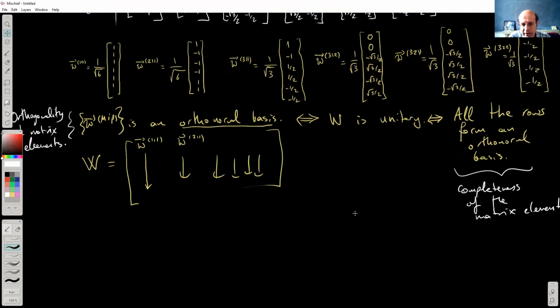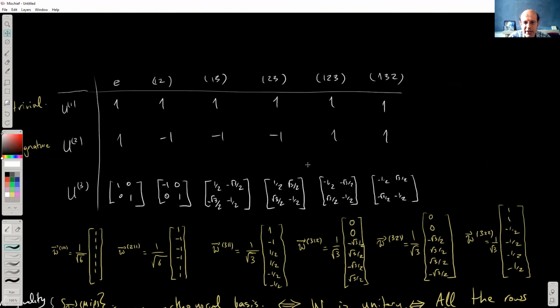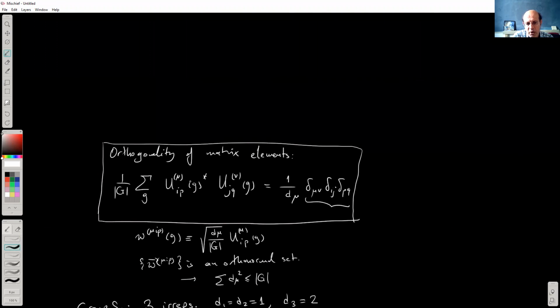So I'm going to write down another form of relationship between the matrix elements, which corresponds to the orthogonality of the rows of that matrix, but expressed in terms of the matrix elements. I go back to the orthogonality of the matrix elements.